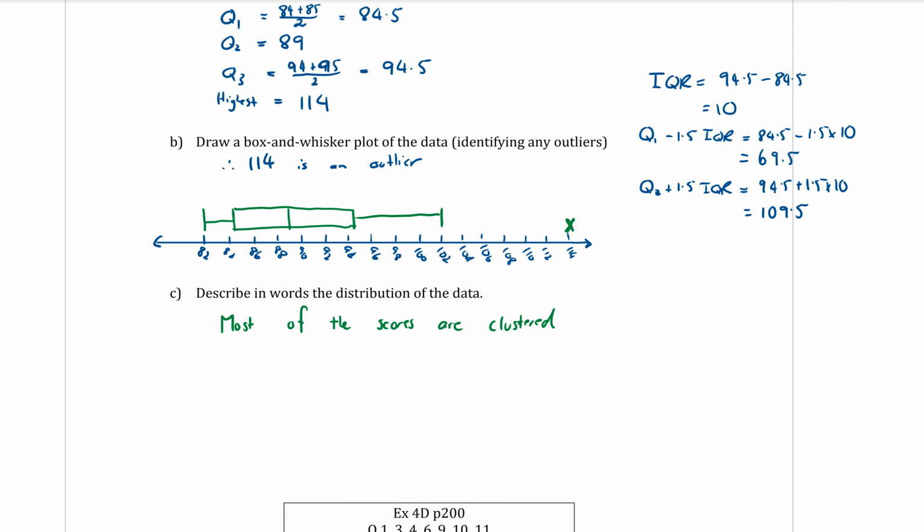Most of the scores are clustered between 82 and 102, so I'm going to put that in brackets. Positively skewed. It's on the left side. Yep, that's right. With an outlier at 114. Okay, that's it. That's all we're doing today.